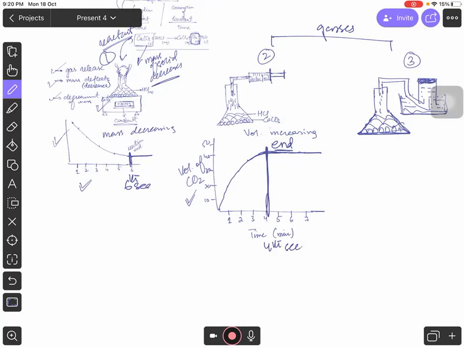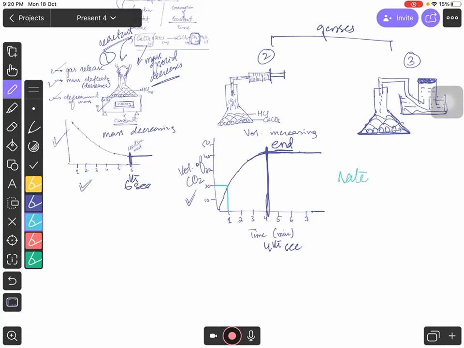Now we can find out the rate as well. We can find out the rate of reaction at any second. You can see over here, at the first second, the volume is 20 centimeter cube. If you want to find out the rate of reaction, you can easily find it out from the volume of carbon dioxide over time, right? So the first second, you can see over here, 20 centimeter cube per second is the rate of reaction, right?